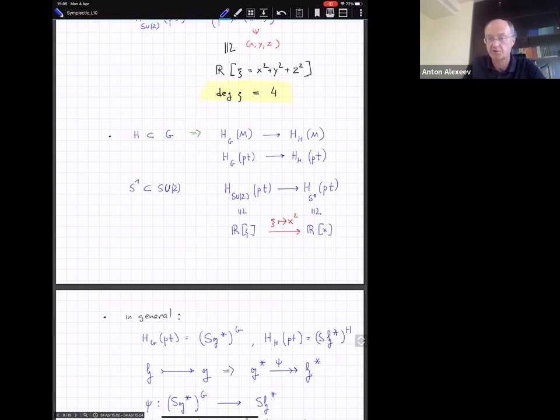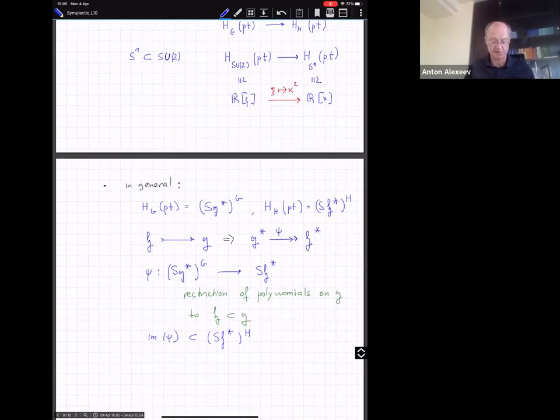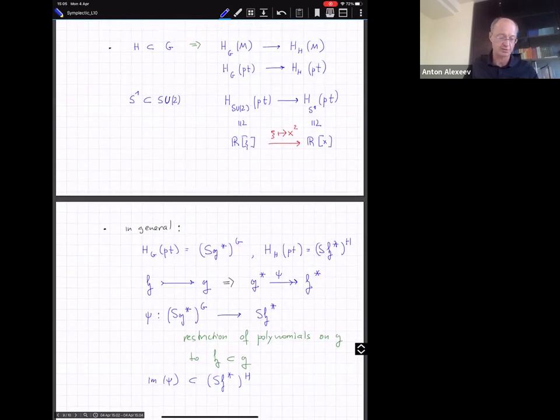So we are just restricting a polynomial in the radius squared to the x-axis. So we get even polynomials in x, polynomials in x squared, and that's basically it. That's how it works.